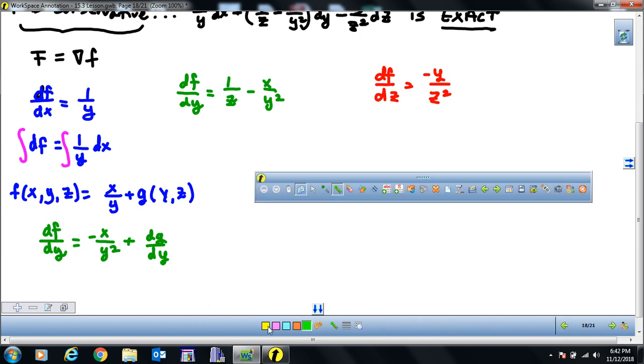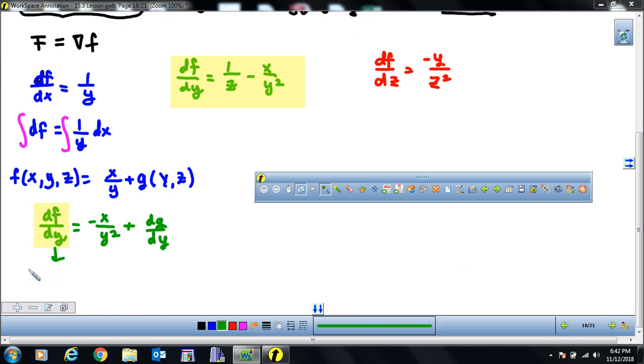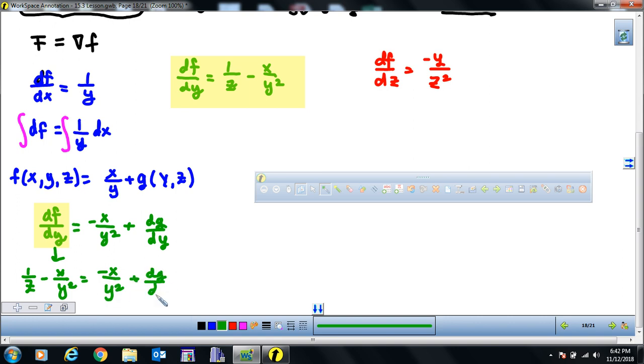But we already know that the derivative of f with respect to y equals this, so we use that condition. We get that 1 over z minus x over y squared equals negative x over y squared plus dg with respect to y.